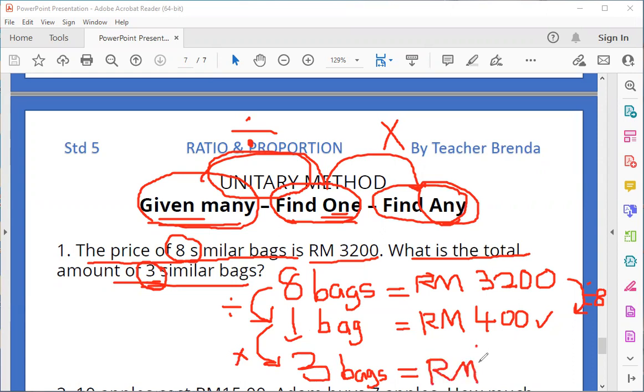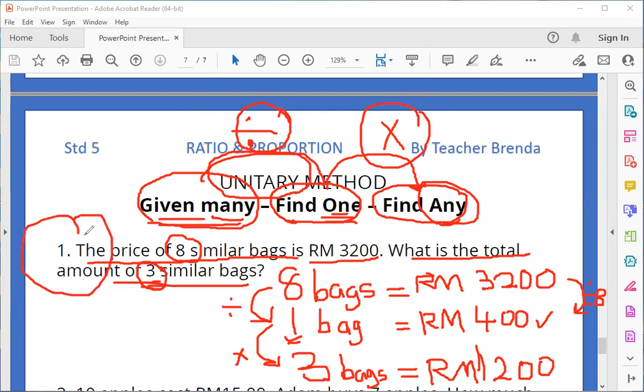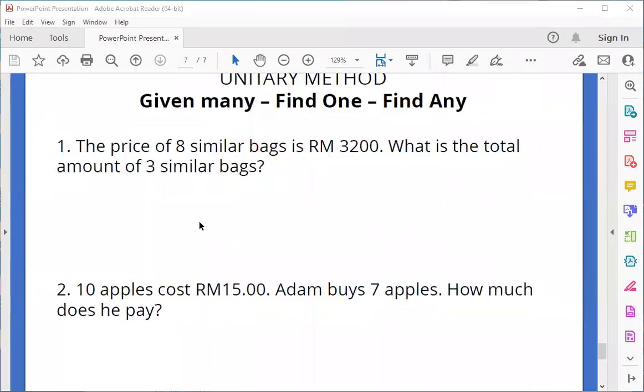That's right, 1,200. So do you see the division happening from many to one, and then the multiplication from one to many? If you see a question like that, you use this kind of method to answer it. Okay, let's clear this and do one example.